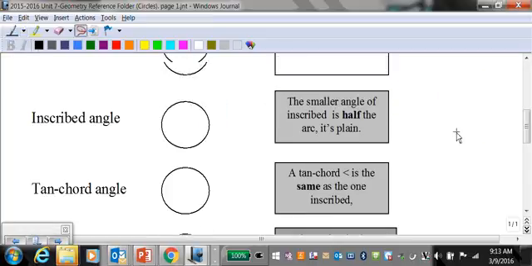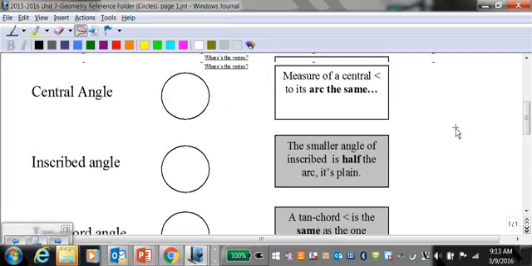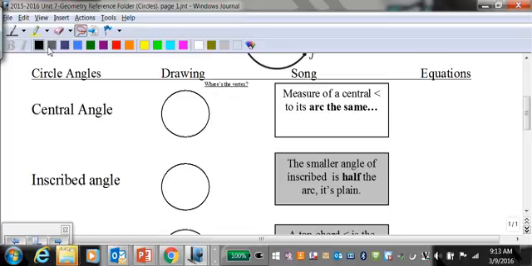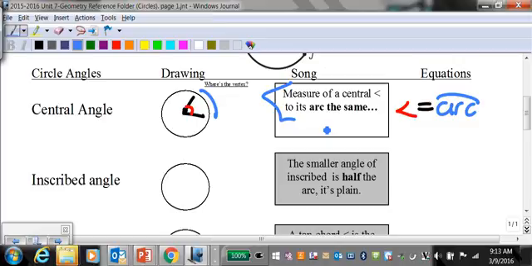Okay, here we go. This you should already have. We have a central angle like this, and that angle is equal to that arc out here. Song goes: measure of a central angle to its arc the same. Sing it with me.